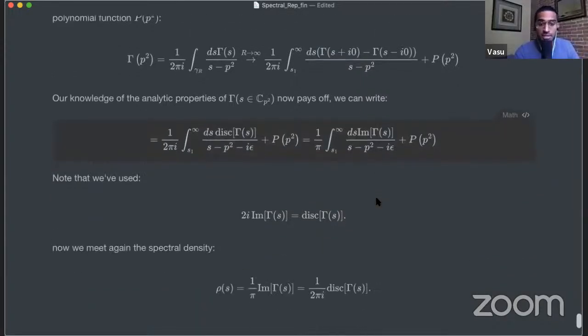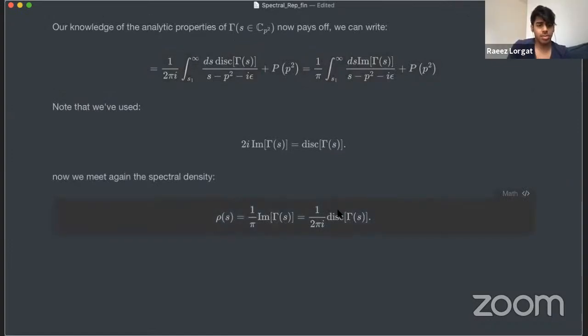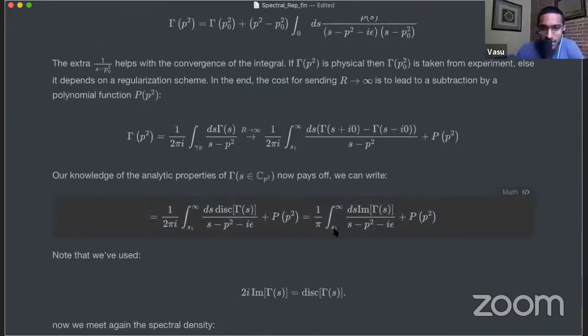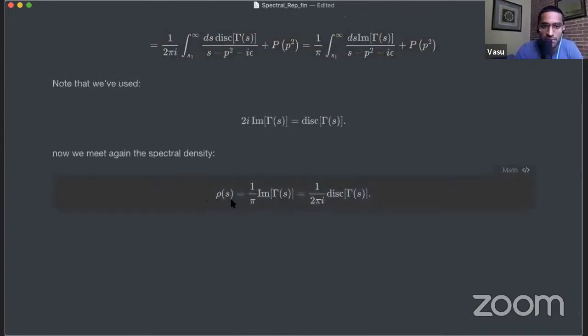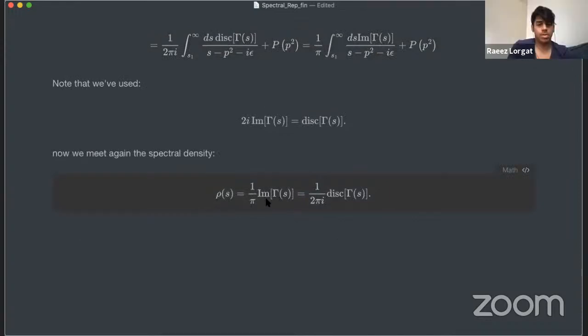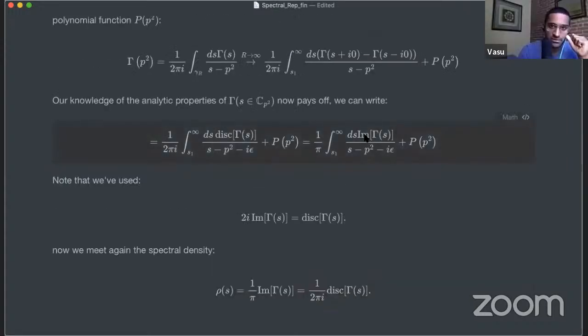And this is a dispersion relation, right? And now notice that this integral has exactly the structure that you need to read off the spectral density. So the spectral density is actually determined by the imaginary part of this transition amplitude. So this is a really marvelous relation.